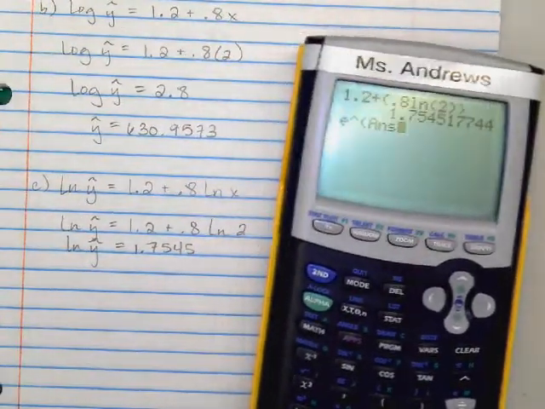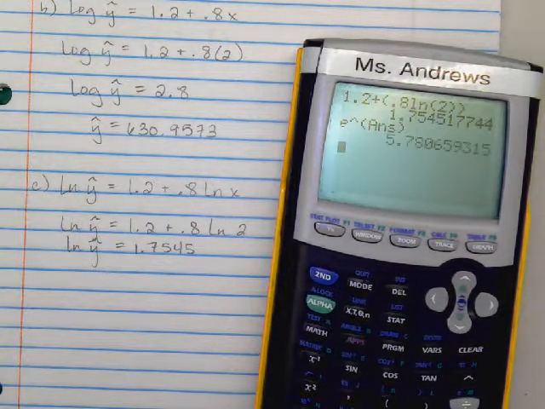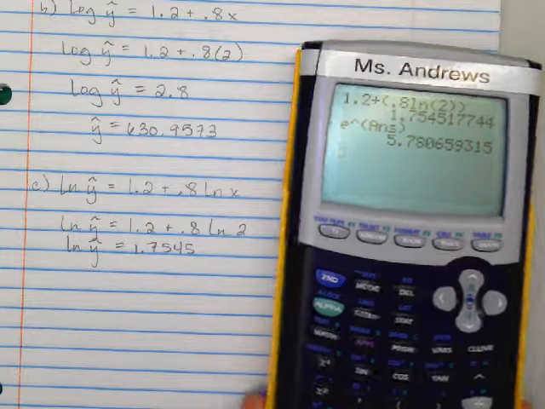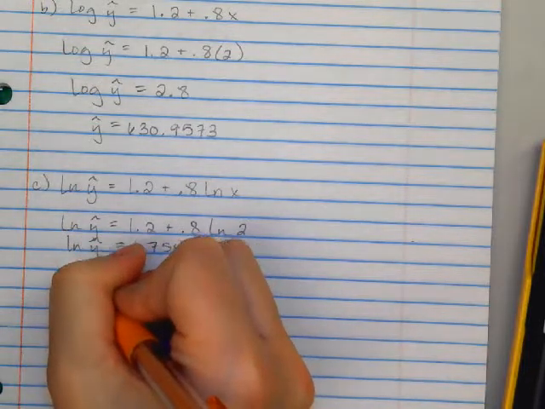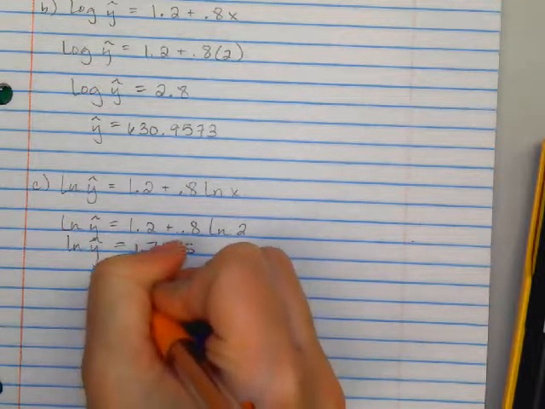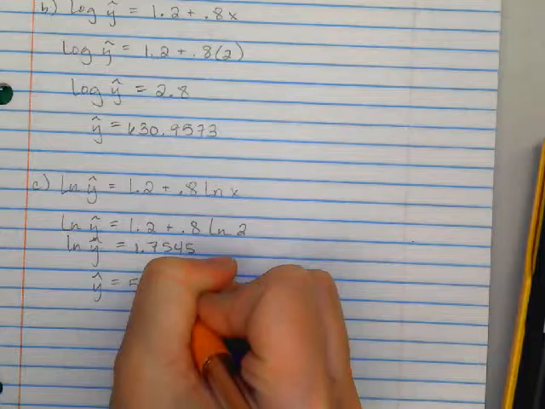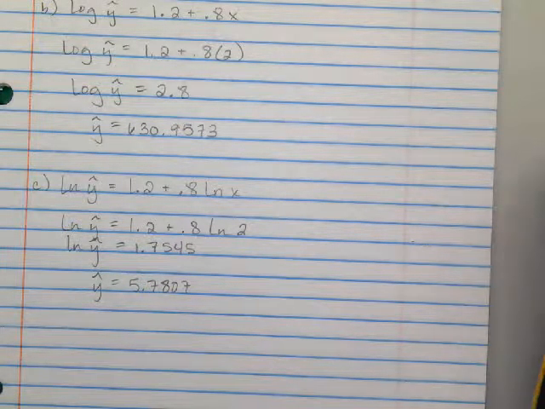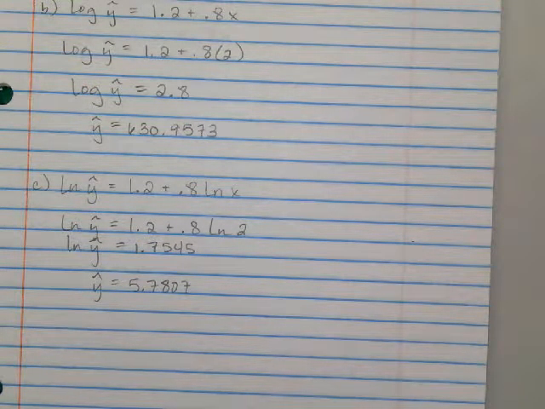So our predicted y squared, 1.2 plus 0.8 times 2. I think we already did that. So 2.8 equals the square predicted y, and then to undo that, we square root both sides.